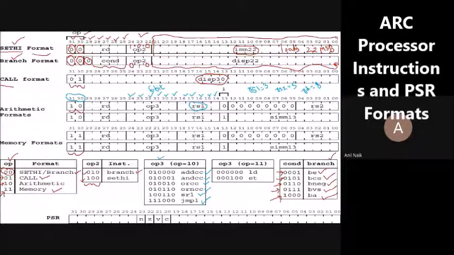So here source 1 means this 3 will come here. 3 in binary is 00011.